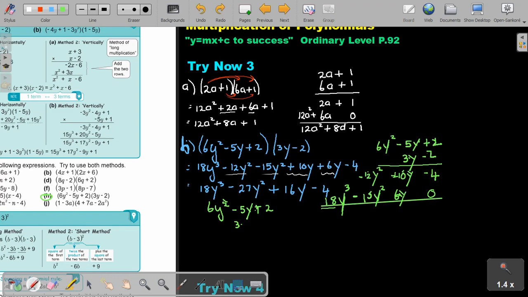Okay, and if I then add it up, this is going to give me also 18y3 minus 27y squared plus, I'm just struggling with the pen, 16y minus 4.